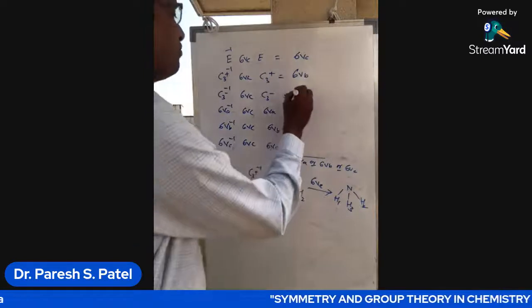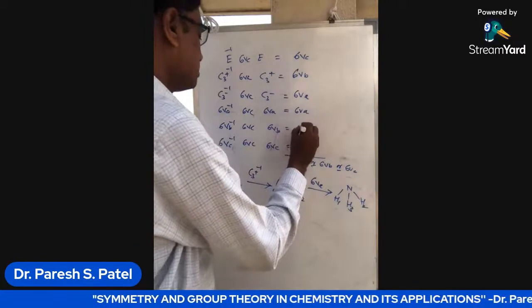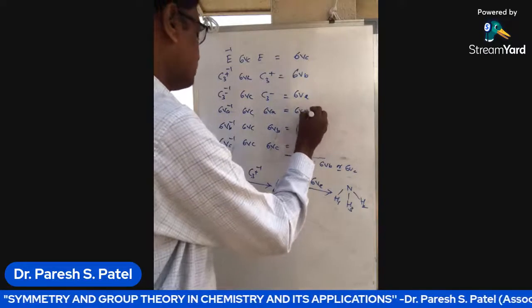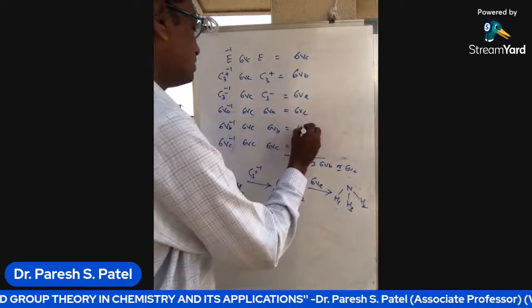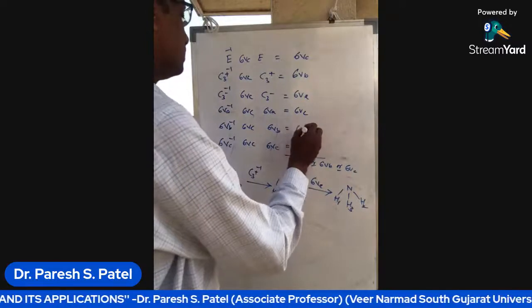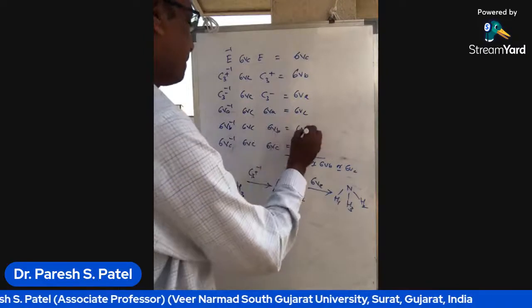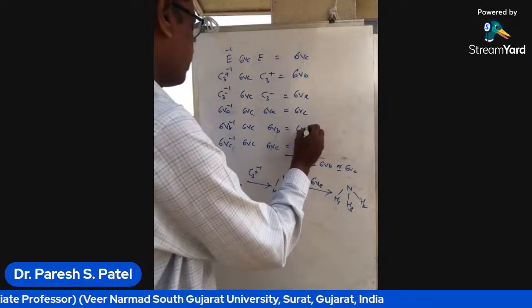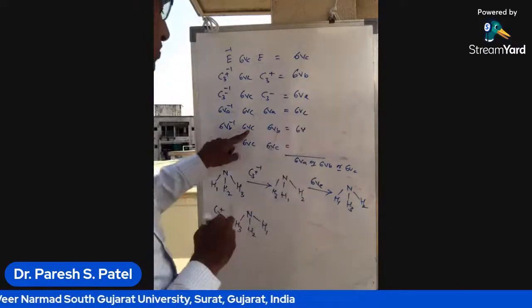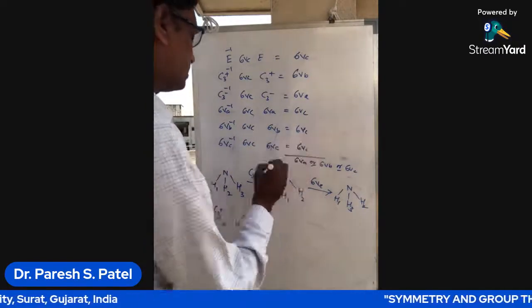So similarly, we can apply for sigma Va, sorry, it should be sigma Vc. Sigma Va inverse, sigma Vc is equal to sigma Vc, again sigma Vc.